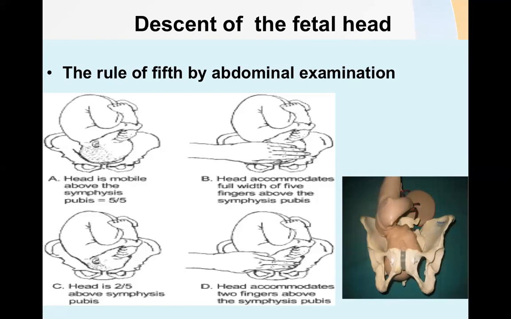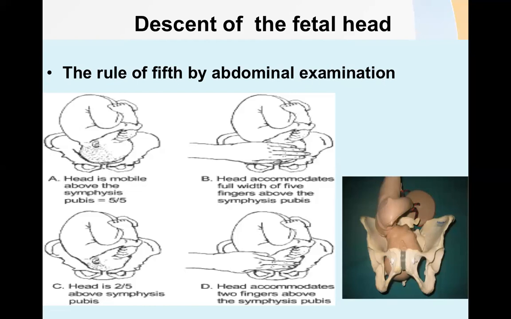That also means the fetal head has still not entered into the pelvic cavity. On the other hand, here the head is 2 by 5th above the symphysis pubis. How do I know that? Only 2 fingers are accommodated above the symphysis pubis, and that is called 2 by 5th. So this is one way to know the descent of the fetal head by abdominal examination.